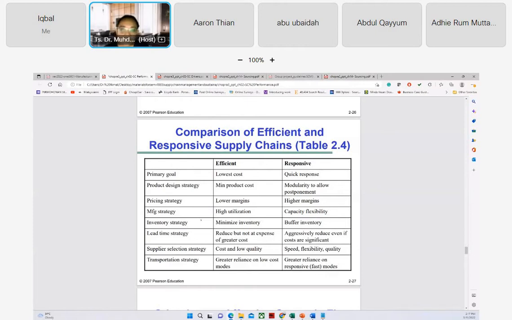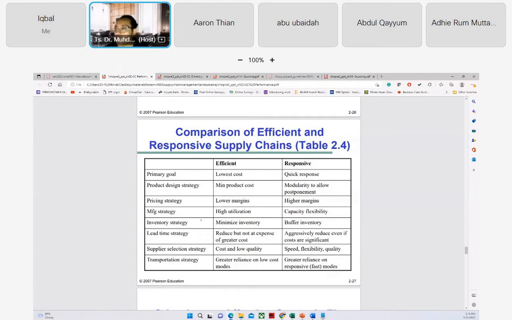That's efficient. If we talk about responsive, let's say I'm asking you to do an assignment, and you submit your assignment on the date that I mentioned.